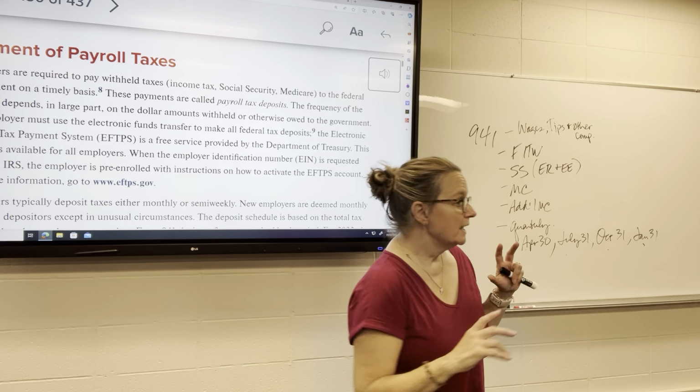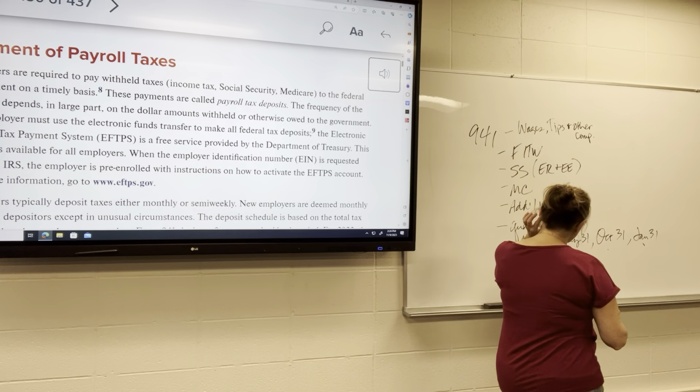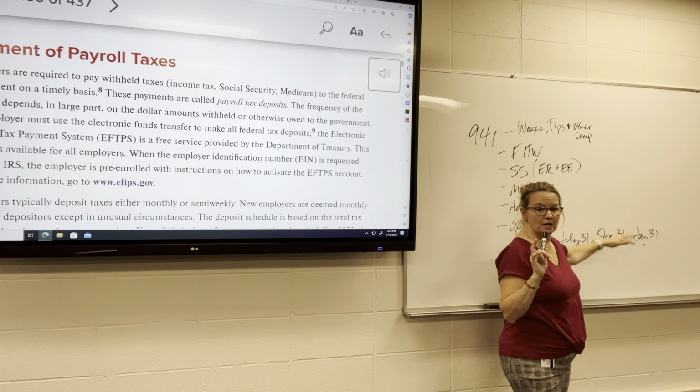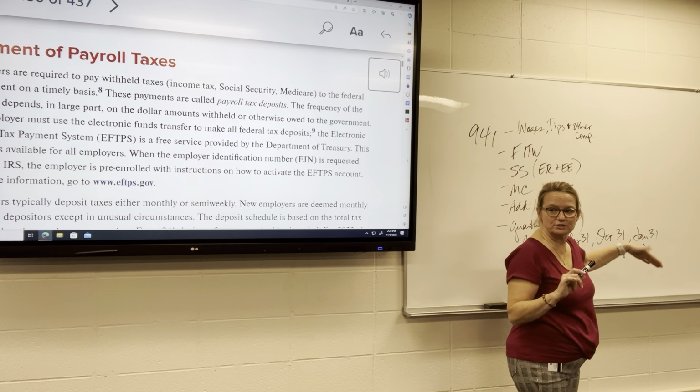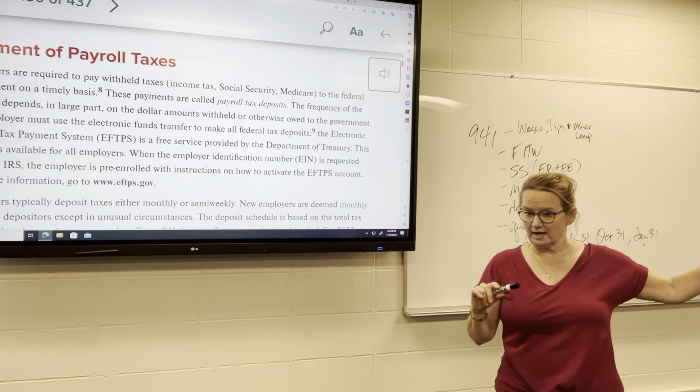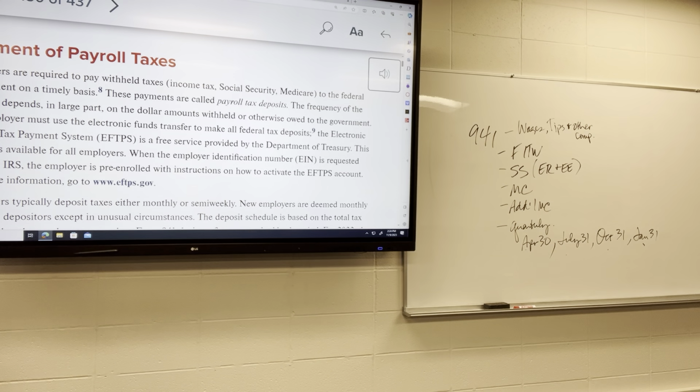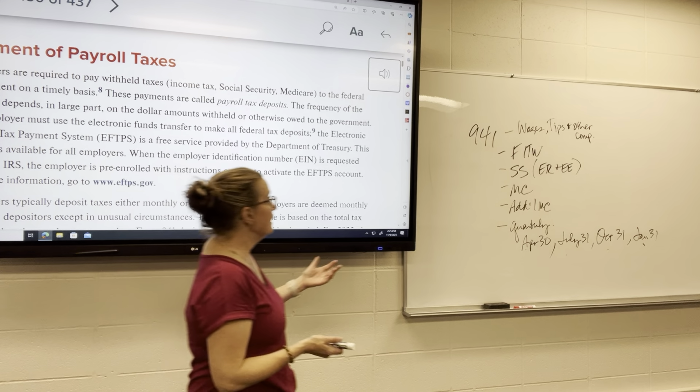Usually, it's all based on how much in payroll taxes the employer has. So the higher the tax that's owed, the faster they want their money, right?